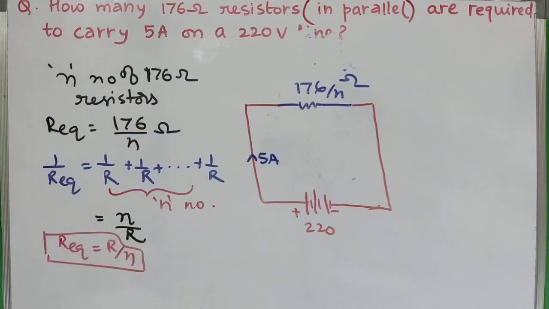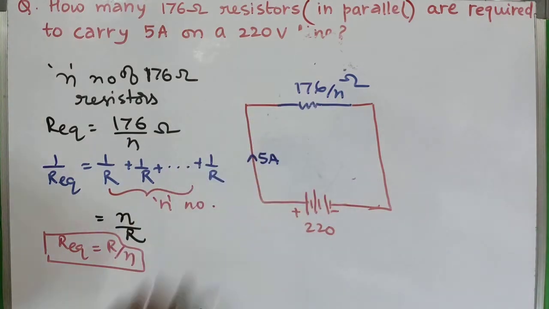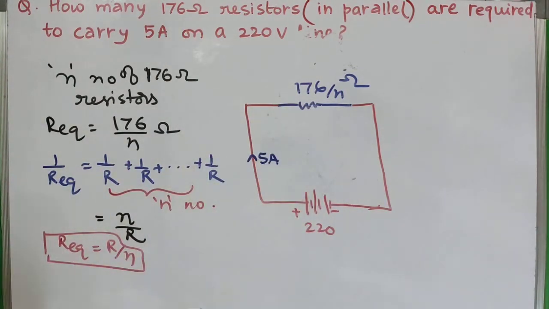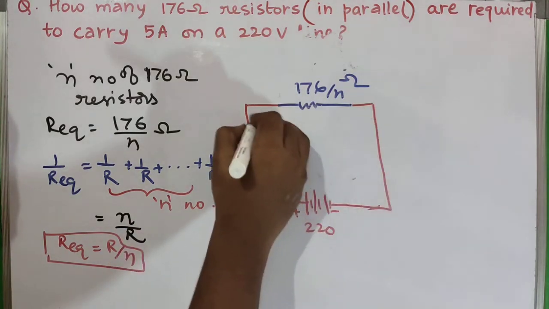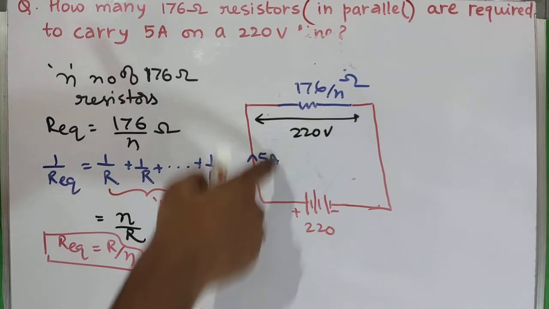Now you apply Ohm's law. What would be the potential difference across 176 by n ohm when 5 amps is flowing? 220 volt.